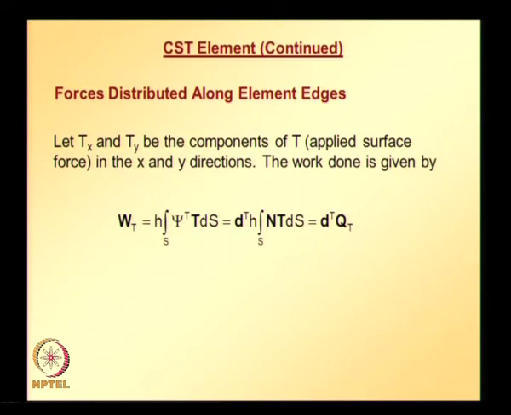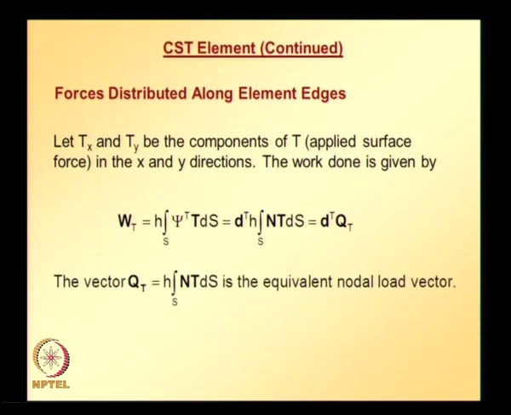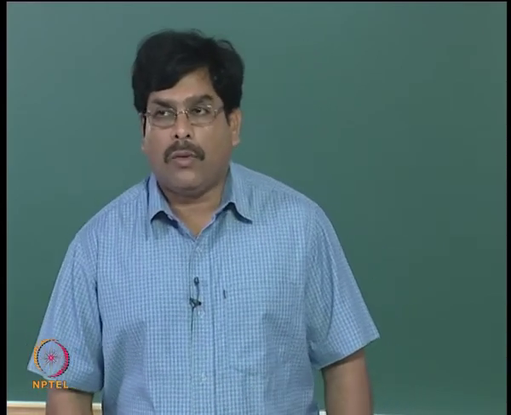Substituting psi in terms of nodal parameters and finite element shape functions, we can further write this W as d transpose H integral N T ds, which can be compactly written by defining a vector q_T, which is nothing but the equivalent nodal vector, because we have a distributed load and that distributed load we are converting into equivalent nodal loads. So, that is why q is the equivalent nodal load vector.